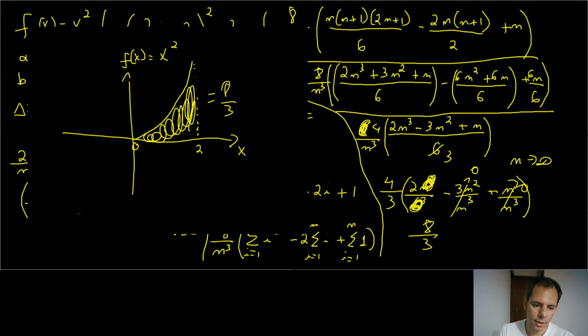Now look at that. If you have f of x equals x squared, what is the integral of this with respect to x? It's x cubed divided by 3, going from 0 to 2. So what you do is substitute 2 in here and then subtract 0.